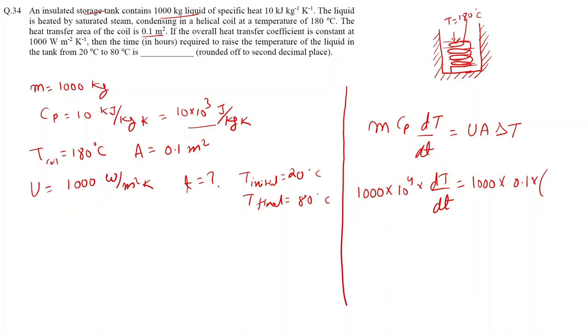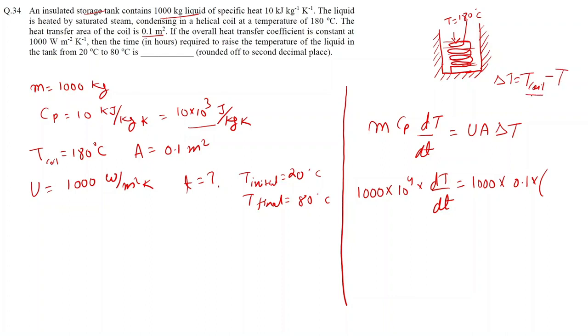In this case the delta T is the heat exchange between the fluid and the helical coil. So delta T for the coil, the temperature we have defined as T coil minus T, where T is my temperature of the fluid.